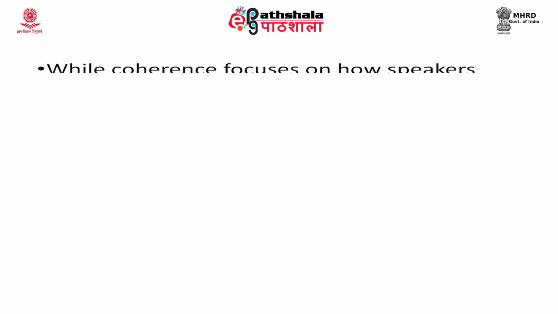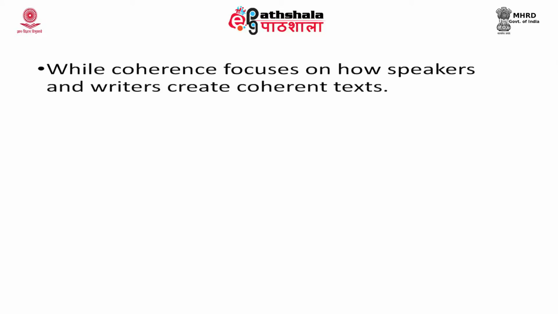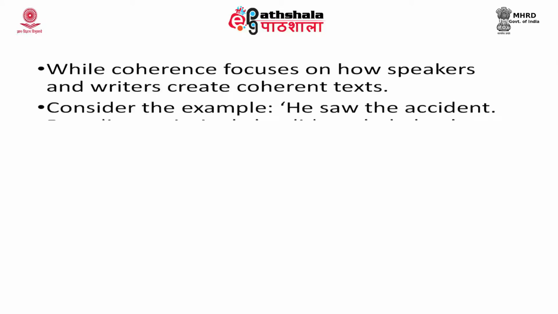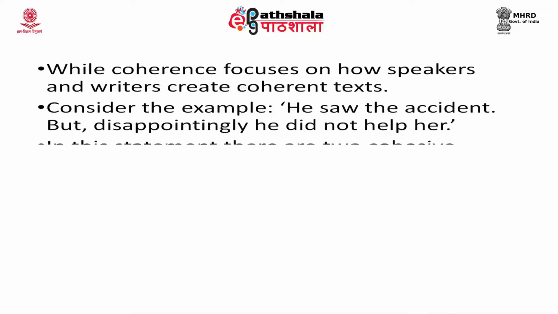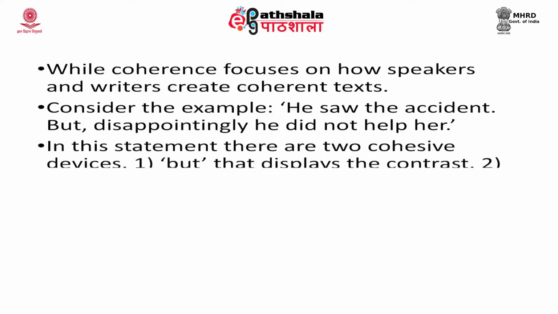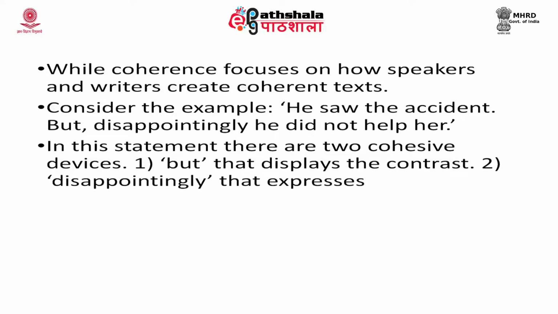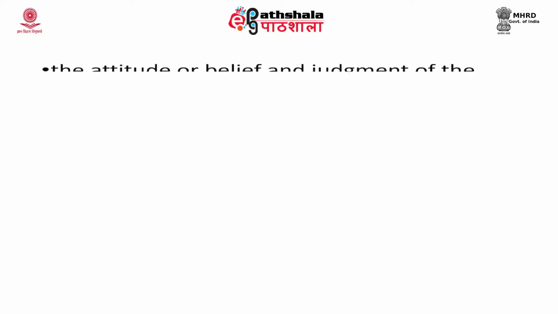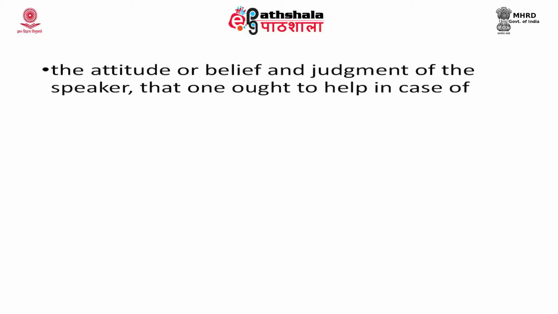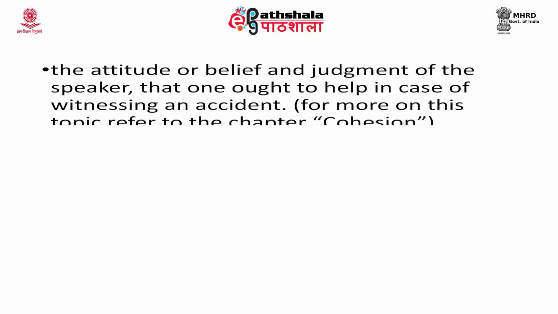While coherence focuses on how speakers and writers create coherent texts, for example, he saw the accident, but disappointingly, he did not help her. In this statement, there are two cohesive devices: but, that displays the contrast, and disappointingly, that expresses the attitude or beliefs and judgments of the speaker that one ought to help in case of witnessing an accident.